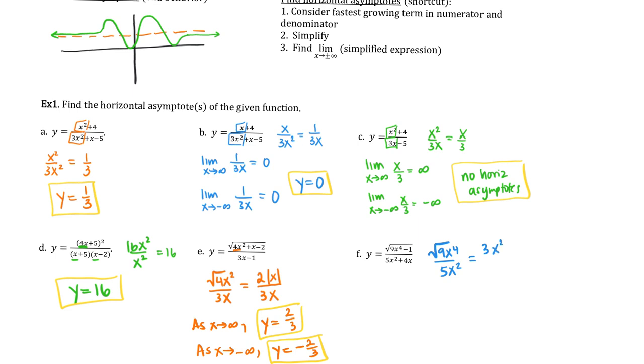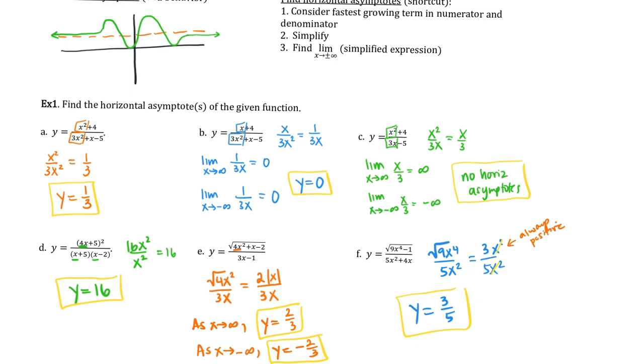No, I don't need absolute value because x squared is always positive because it's squared. So the 5x squared goes here, and then I can cancel out the x squareds because they're both positive, so their signs aren't going to fluctuate depending on positive or negative infinity. So there's one horizontal asymptote, and it is at y equals 3/5.